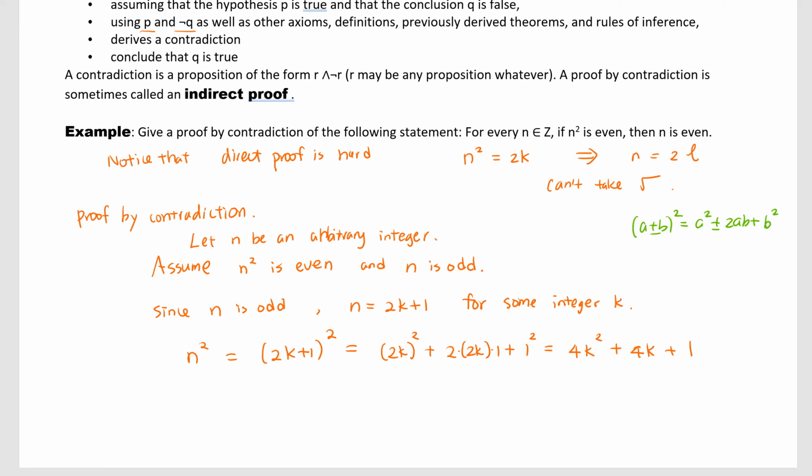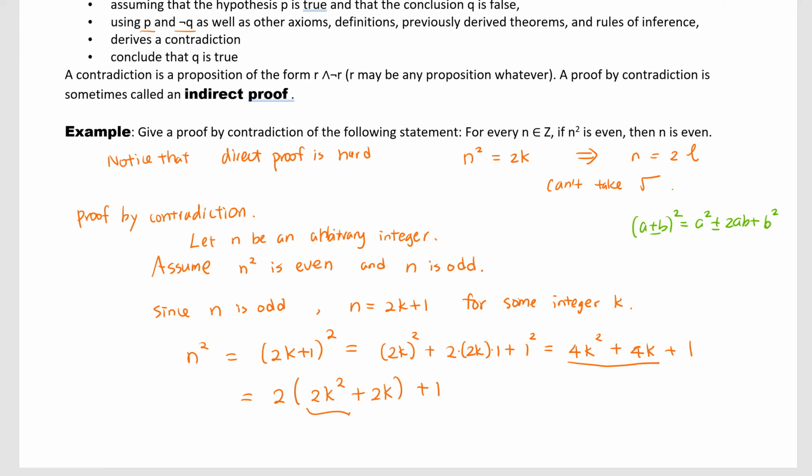Is this expression odd or even? It's actually odd. If it's odd, we want to put it in the format of 2 times an integer plus 1. The 1 is already there, but for the previous two terms, when we factor out 2, what's left is 2k squared plus 2k.